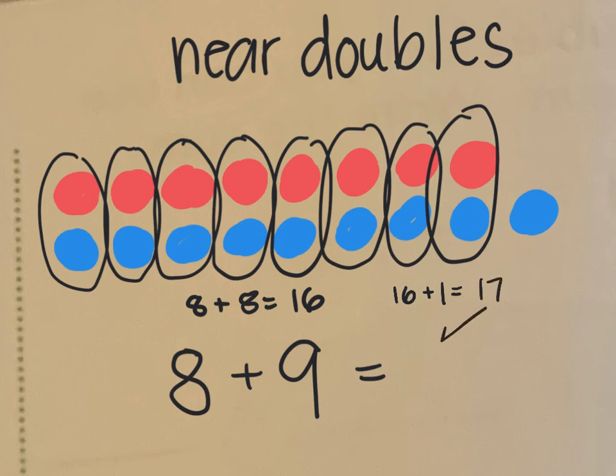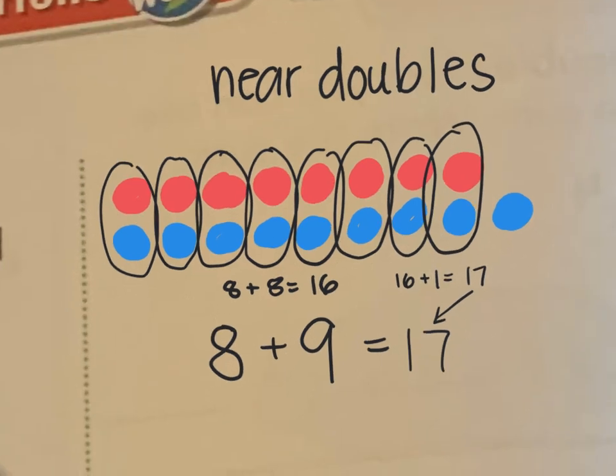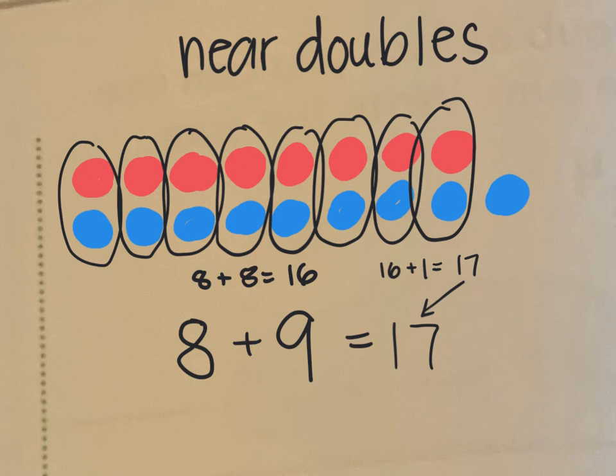So that means 8 plus 9 equals 17. What do you notice about this? Is this number, this sum, even or odd? It is odd because there's one left over.